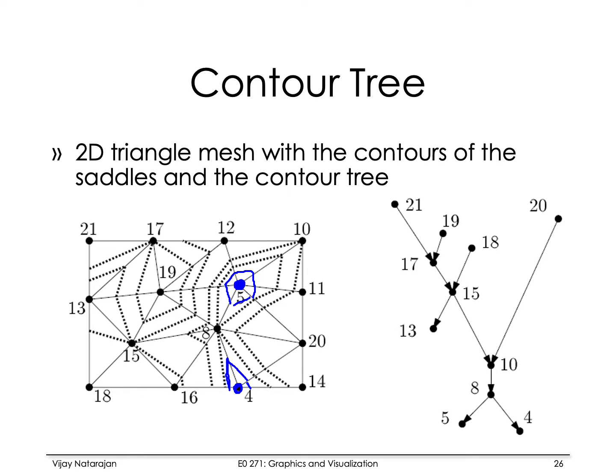Now the maximum is quite the opposite. For example, 19 is a local maximum. If you look at a value above 19, then there is no isocontour component in the neighborhood of this vertex with scalar value 19. However, if we look at a scalar value which is slightly smaller than 19, then the isocontour would look like a ring in the neighborhood of 19.